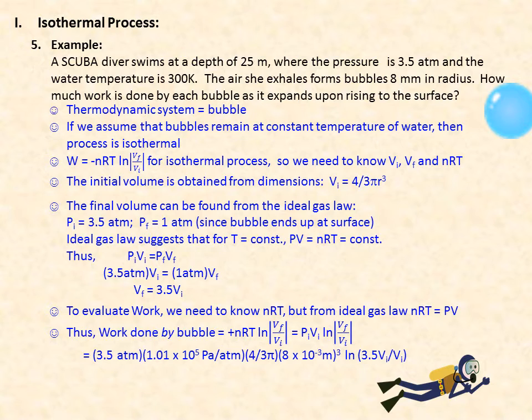Don't forget to convert that radius to meters. Okay, times the natural log of the ratio of final volume to initial volume, which is really nothing more than the natural log of 3.5. Okay, we do the number crunching, and it turns out that the work done by the bubble on the environment has a value of 0.95 joules.